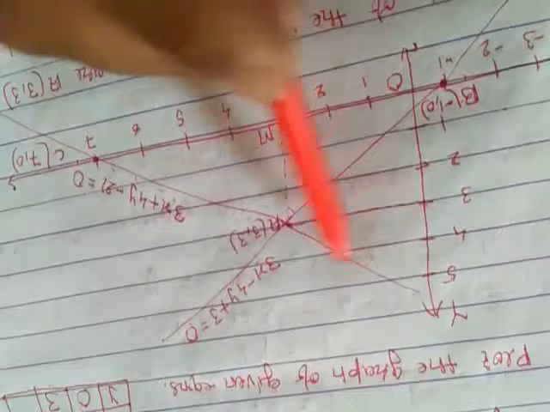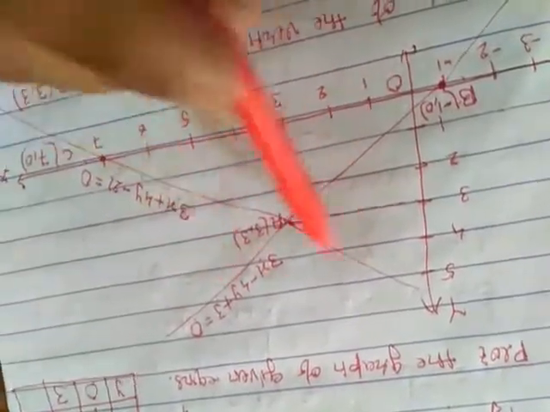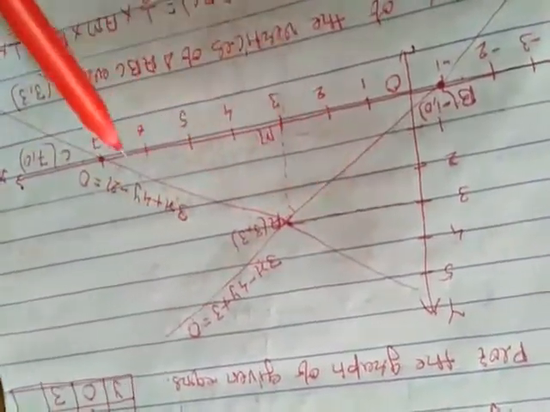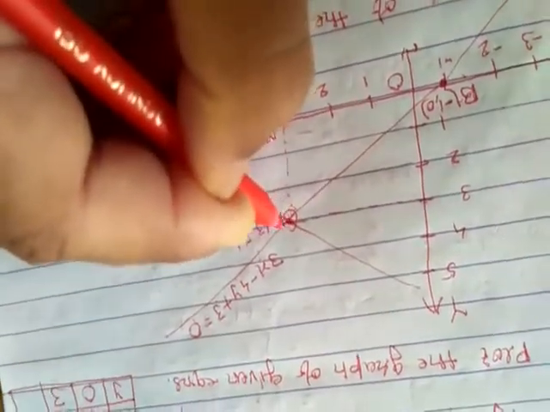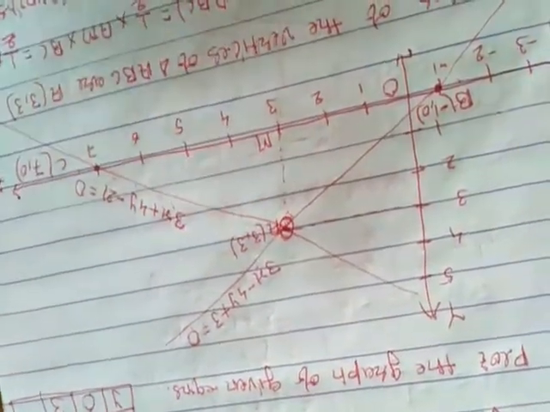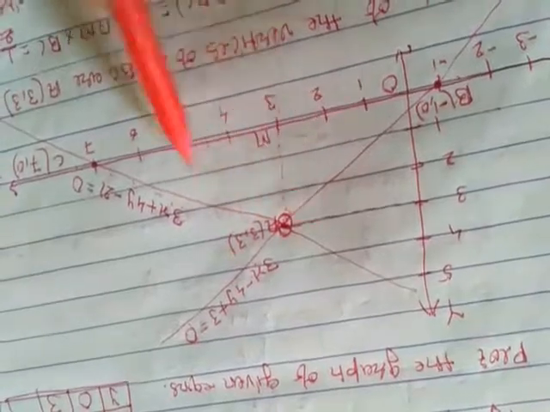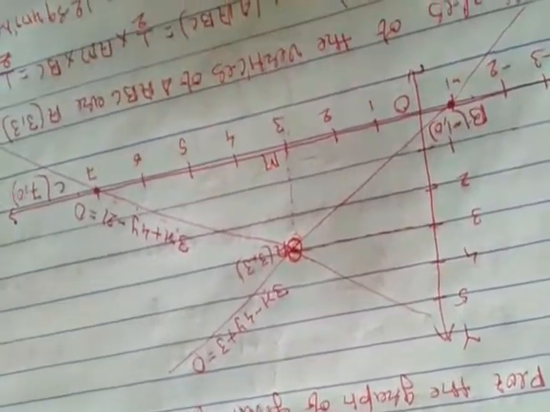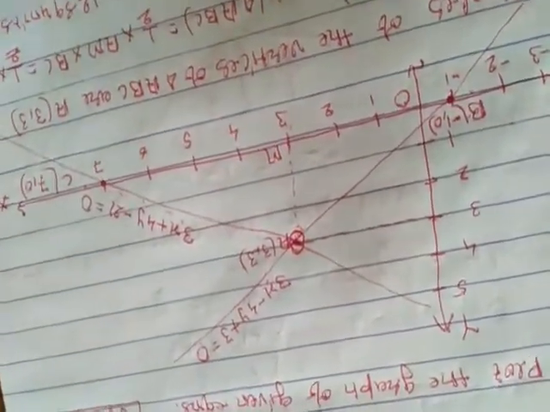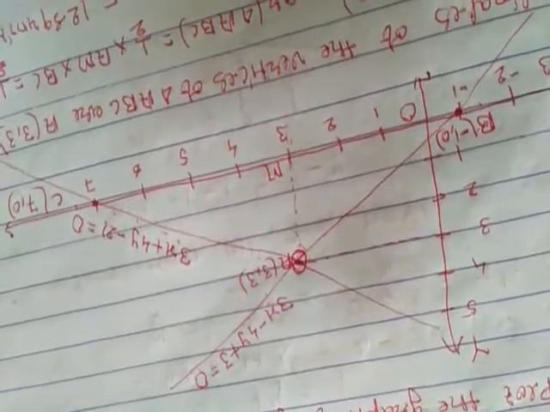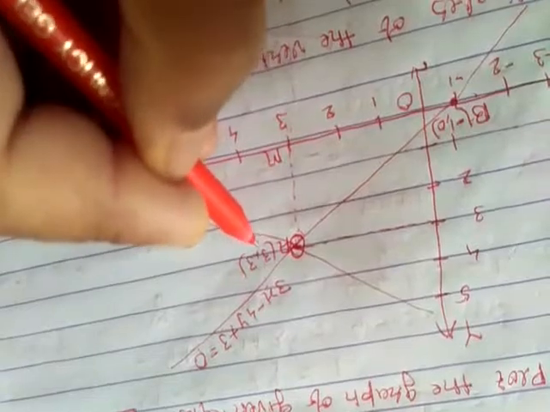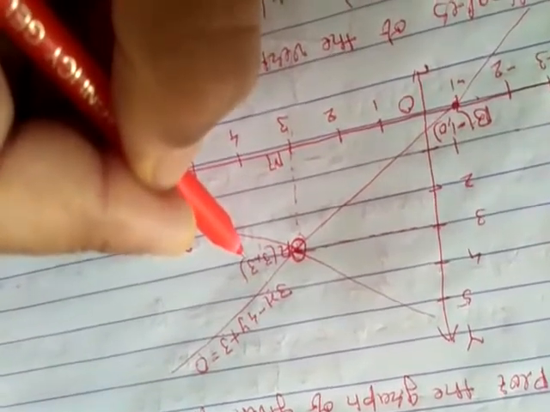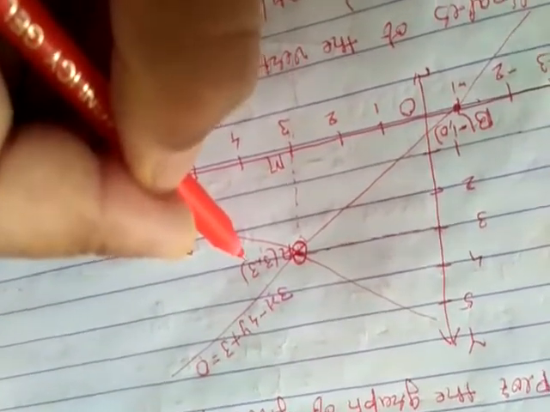Now children, you observe that these two graphical representations of the linear equations intersect at a point, point A. It means that this pair of linear equations has a unique solution because they intersect at point A, and the coordinates of point A, that is 3, 3, are the solution of the variables.